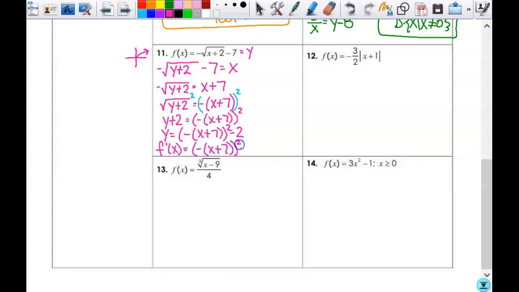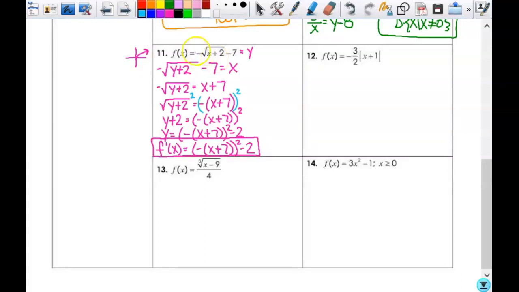Okay, so now we have to talk about domain restrictions. All right, so my parent function looks like this right here. The actual function, if I was going to graph this, let's think about what's really happening right here.